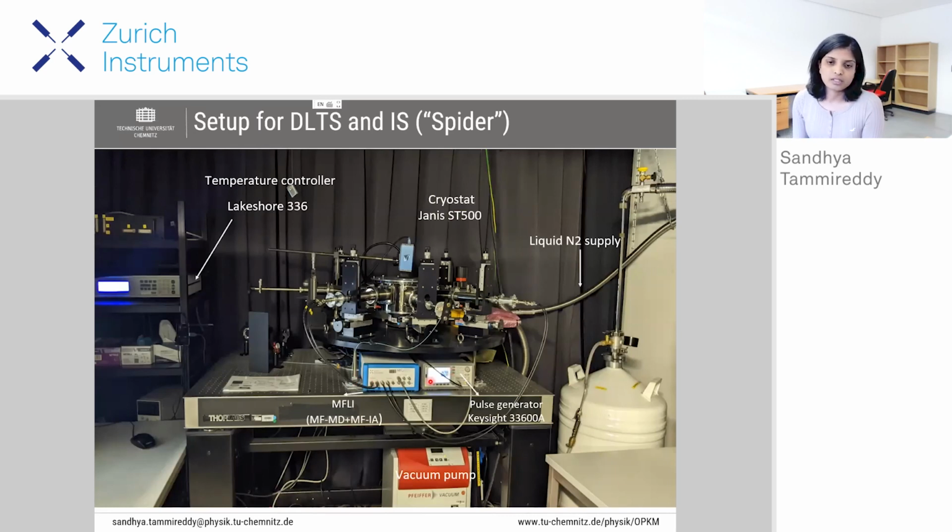In principle, you don't need a pulse generator to do DLTS; the MFLI can be used as its own pulse source. For the optical pulses, we used a laser diode, which is somewhere behind here, and the light comes from the bottom of the sample. This is the temperature controller, and we use a liquid nitrogen source to control the temperature. So this is what our setup looks like.